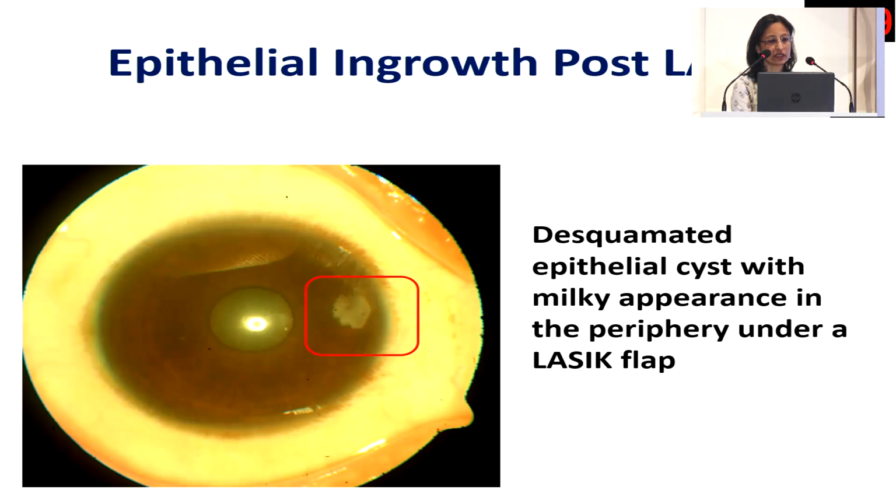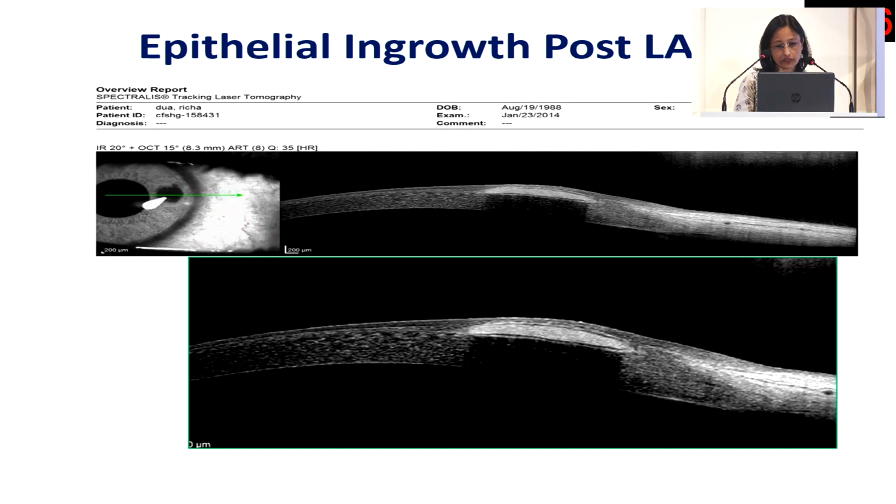And this is how epithelial ingrowth looks. When we see it on the slit lamp, sometimes it's very difficult to decide whether to proceed with the removal of the epithelial ingrowth or just observe the patient. But if you do AIOS2025, like for example in this patient, the extent of the epithelial ingrowth is much more than we saw on the slit lamp photograph, and there is overlying melting of the flap.